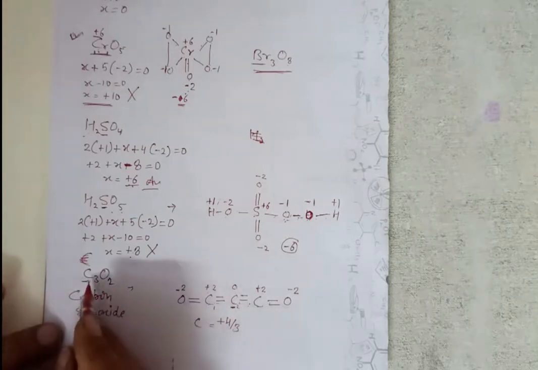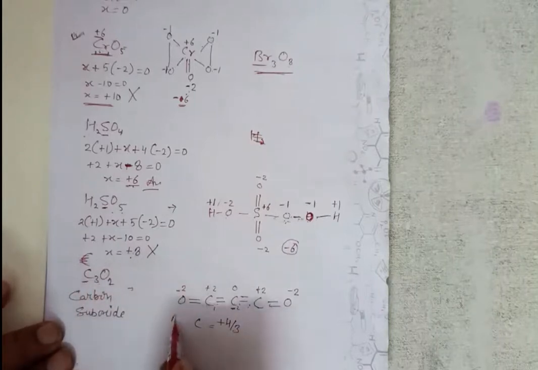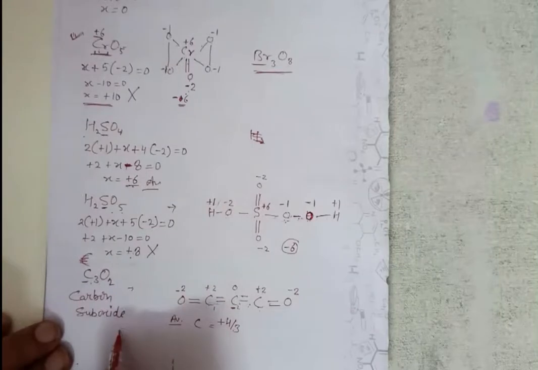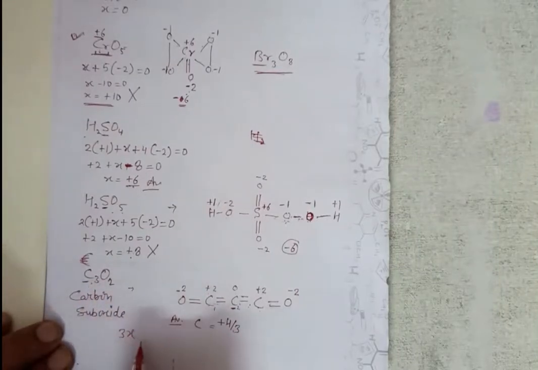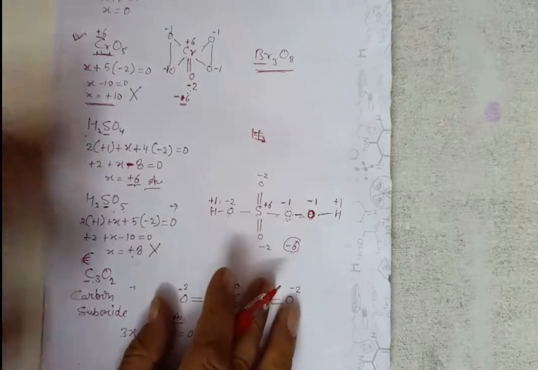Now I follow the previous procedure here to find the oxidation number. This is the average oxidation number, okay. How many carbons? 3, so I write 3 here. The oxidation number of carbon I don't know, so I write x here. Now I write the subscript again. The oxidation number of oxygen is -2, total is equal to 0.